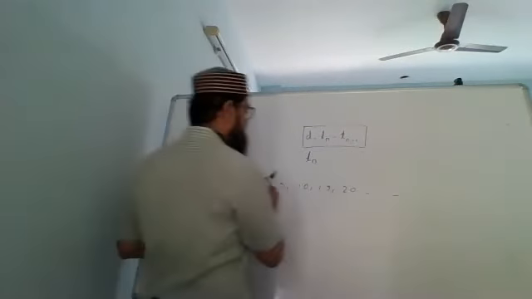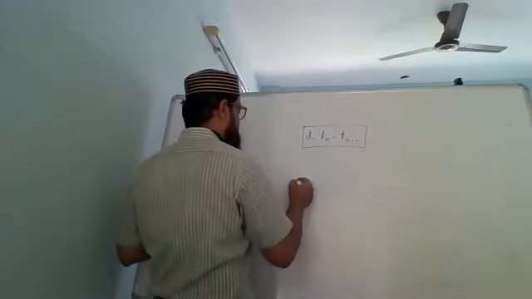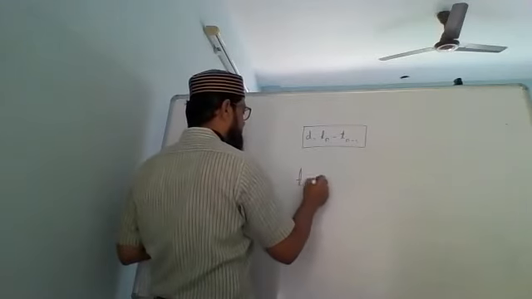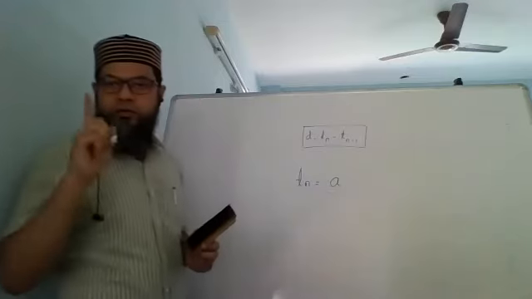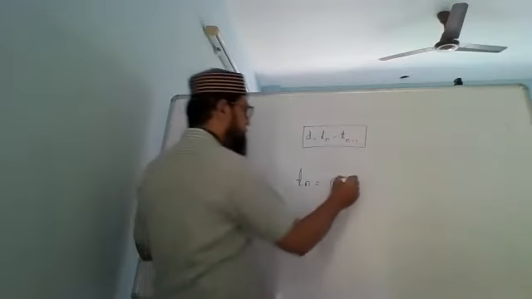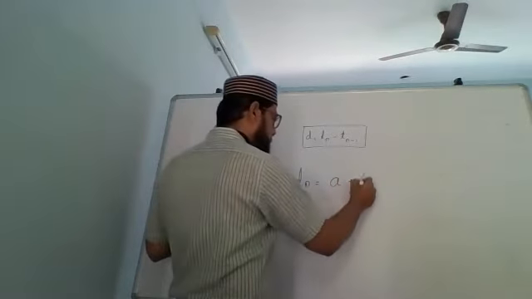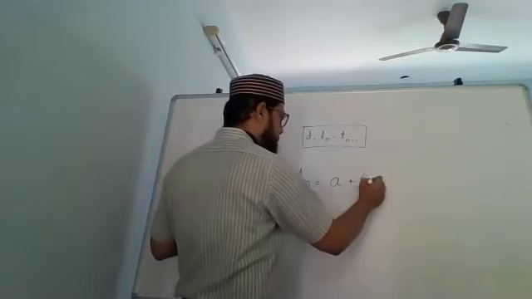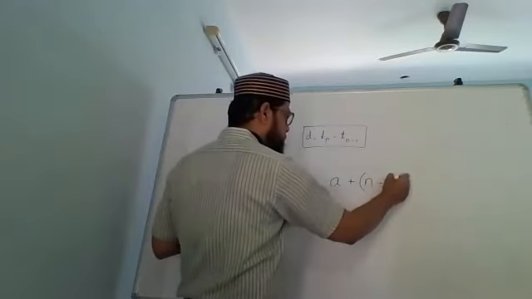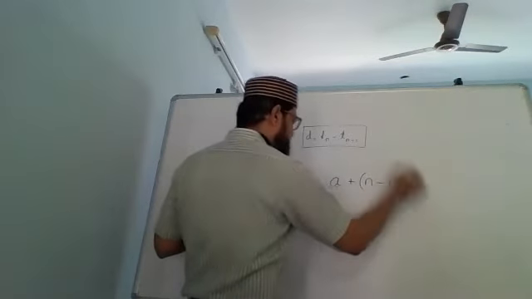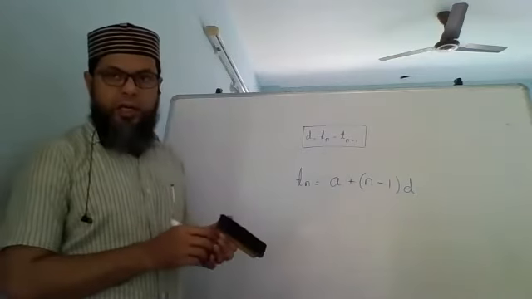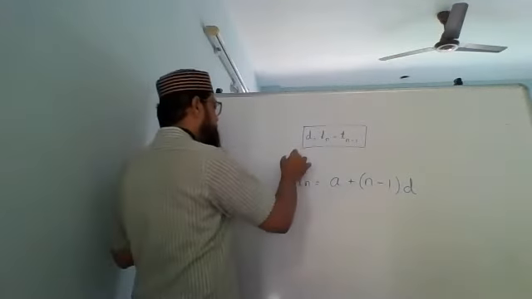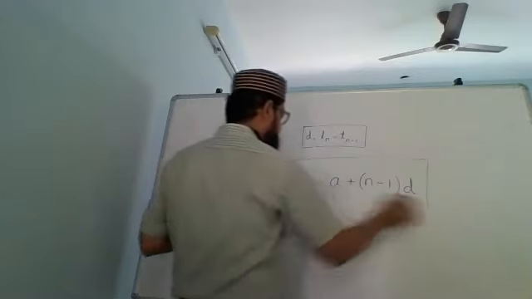The formula says Tn equals A, where A means the first term, plus n minus 1 times d. Write down this formula, and this has to go into your formula book also.